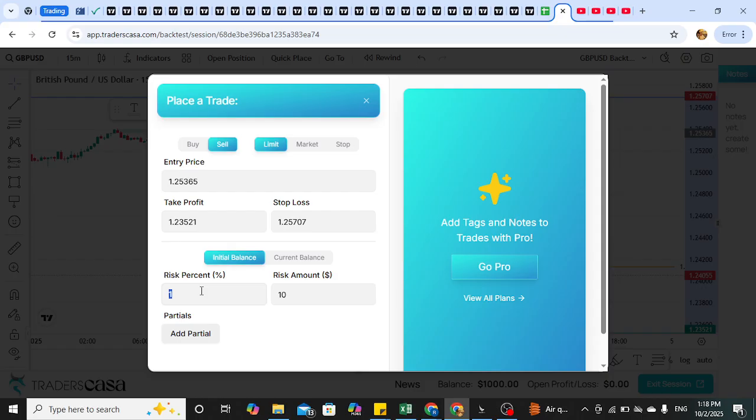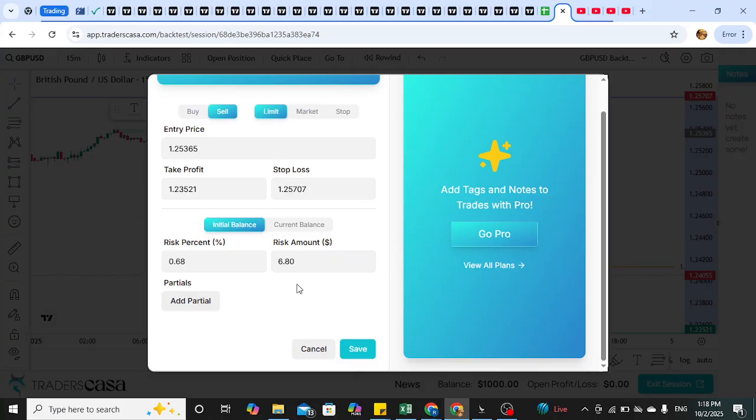So now remember that our risk is 0.683. It can take only 6.8. It does not allow us to put another one. So it's 6.8. It is sell, it is limit. And from the current balance.